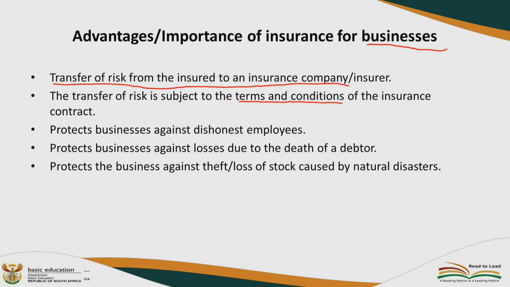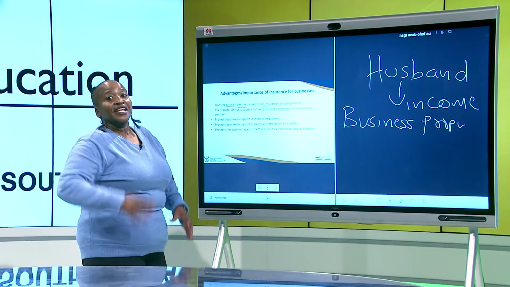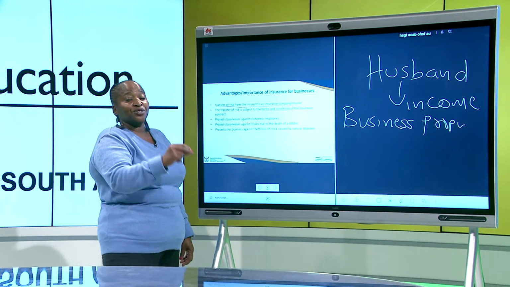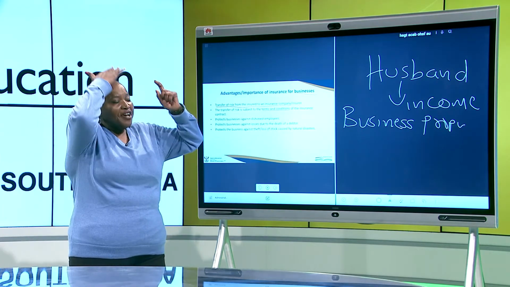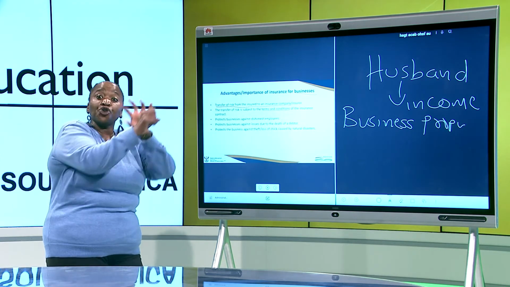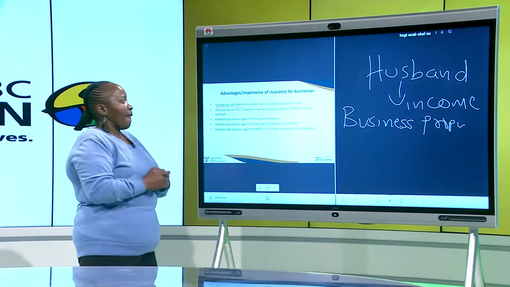Disclose all relevant information. Insurable interest is one of the terms and conditions. Have a legal relationship. And it's also taking us to what? Indemnity. They must indemnify. So the transfer of risk is actually subject to terms and conditions. Terms and conditions, think of the 4 principles of insurance that actually form the basis for insurance contract. Without those principles being adhered to, then there is no insurance.